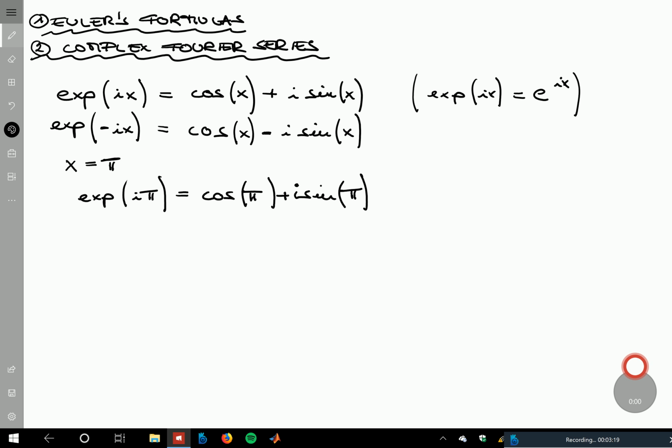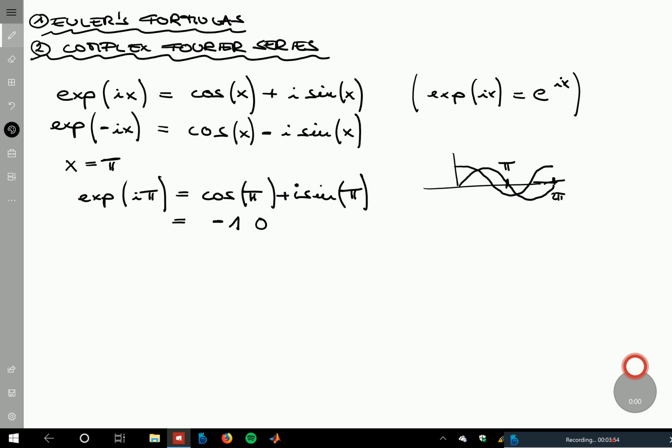And so if you think about the cosine and the sine function, and here you have 2 pi, so here you have pi, then you see that at pi, if you put pi into cosine and sine, for cosine you get -1, and for sine you get 0.